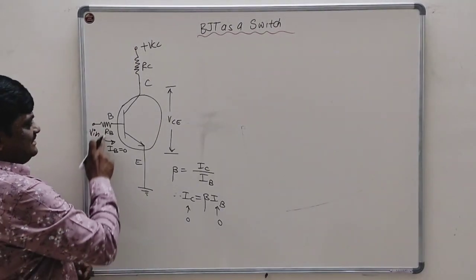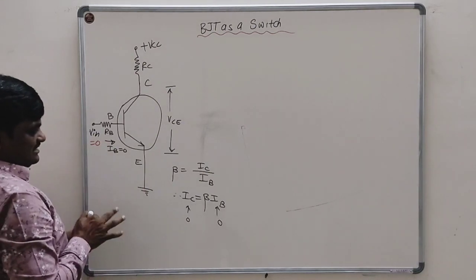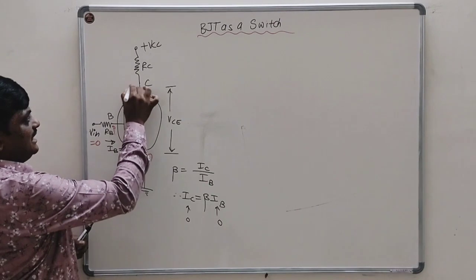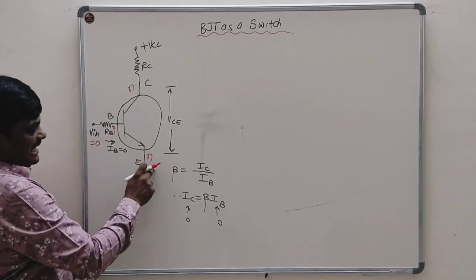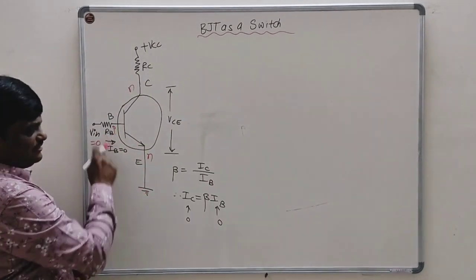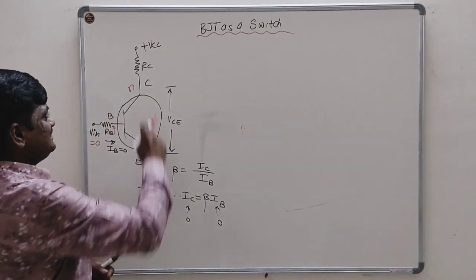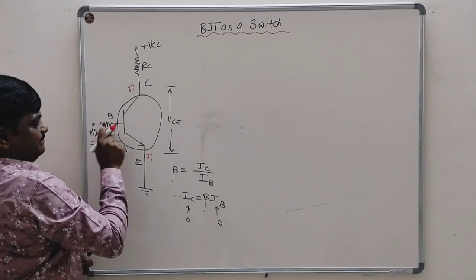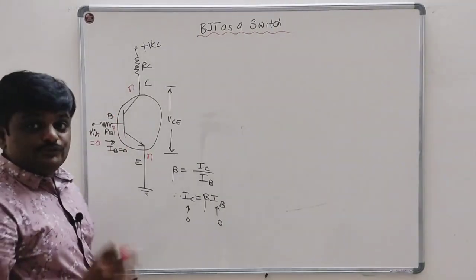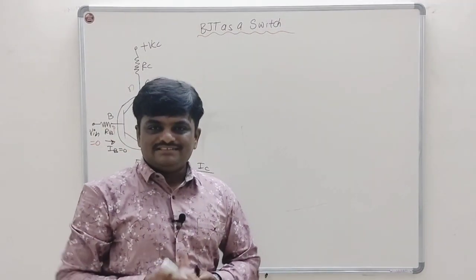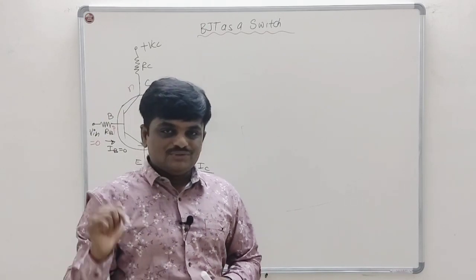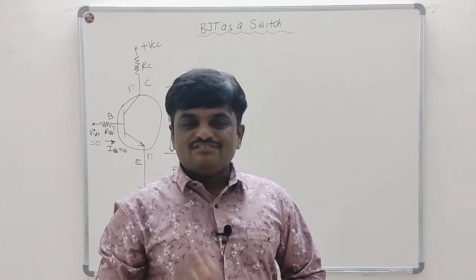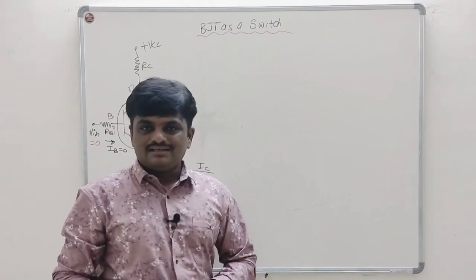In this NPN transistor, the P and N are at the same potential, so the base-emitter junction is reverse biased. And the N side at the collector is at a higher potential as compared to the base, so both junctions are reverse biased. Hence this transistor acts as an open switch, that is, an off switch, and it operates in the cutoff region.